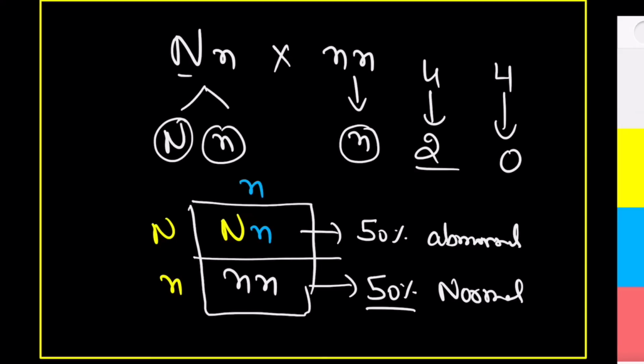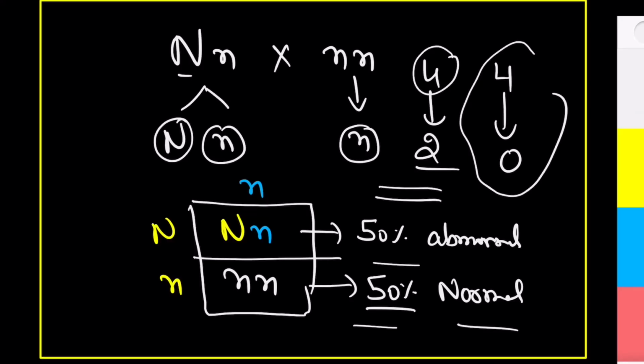As per science, there is a probability that out of 4, 50% are going to suffer from the disease. But there might be a chance that every time these parents are going to give rise to normal individuals. There is a chance. So keep in mind, this is going to tell you the probability of the occurrence of the disease.